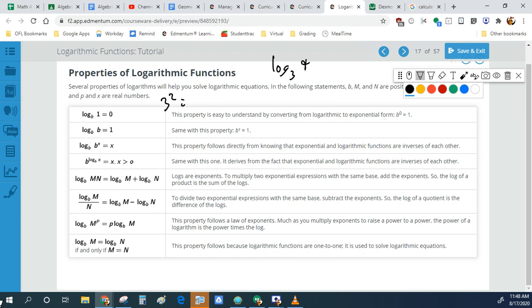So this is the same thing as saying log base 3 of 3 to the second power. Those are the same thing. But now what we can do is 2 times log base 3 of 3. And guess what? Now you have 2 times 1, which is equal to 2. So in case you had any doubts, 2 times 1 equals 2.